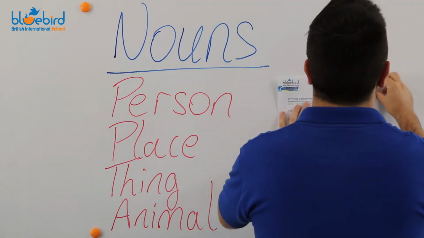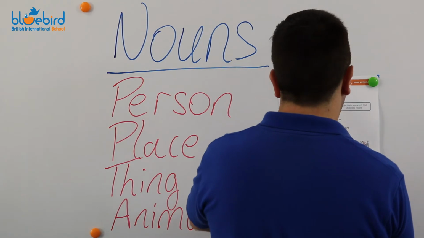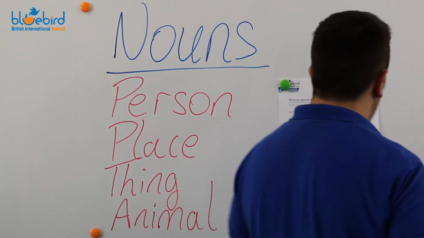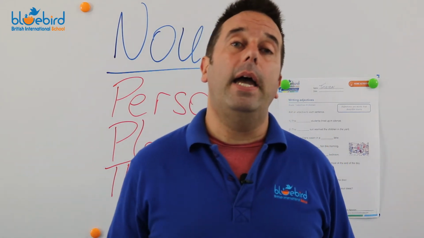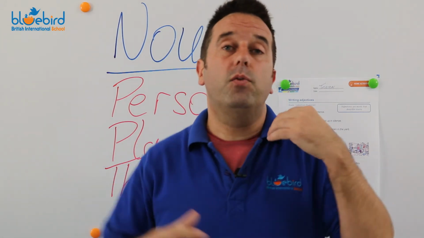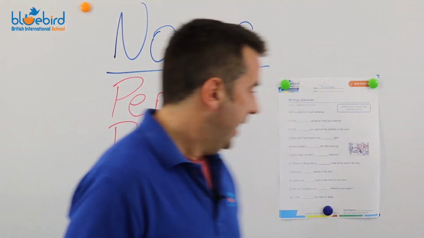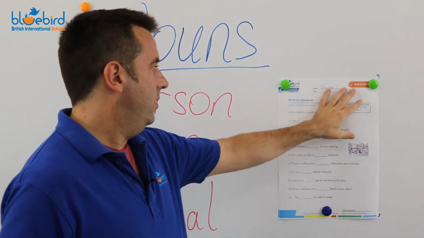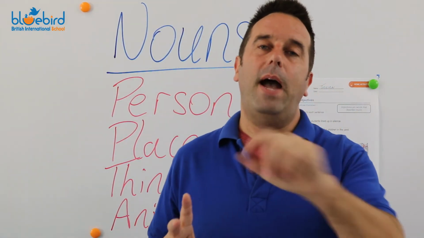Okay, this is for you guys and your imagination. Okay, Wednesday sheet there, you were given some words, which are adjectives, and getting the adjectives into the sentence. Here you have 10 sentences, okay? You have a blank space.